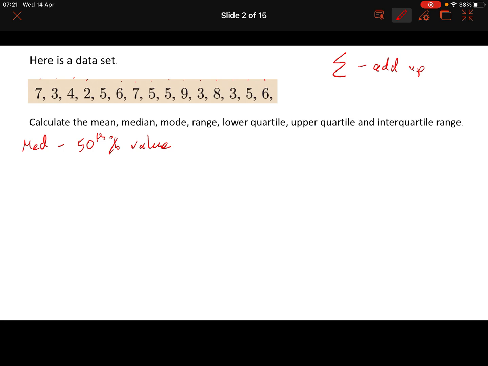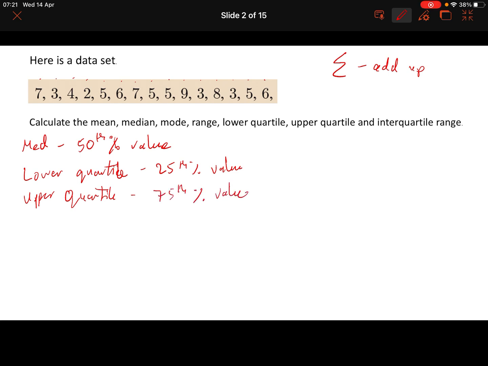Well, the lower quartile, hopefully you understand the word quartile, is where is the 25th percent value? Okay, and the upper quartile is where is the 75th percent value. Okay, so basically what the quartiles do is they split the data into quarters.